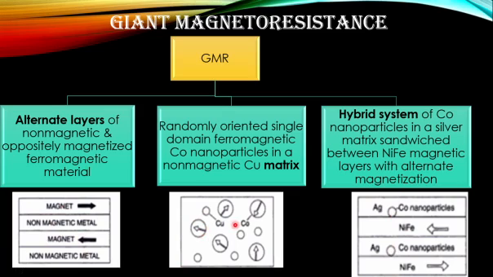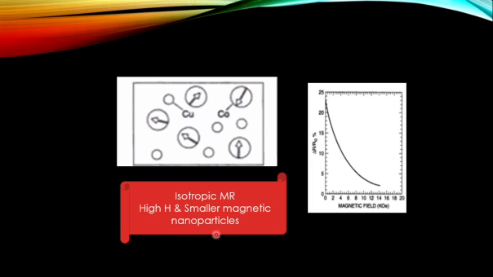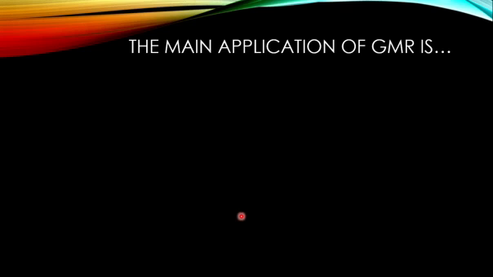Only thing is that in the non-magnetic region, you have an embedding of nanoparticles. Okay, so if you consider a substrate in which the nanoparticles are embedded, then they have different random directions, and what you get is an isotropic magnetoresistance at very high field and smaller magnetic nanoparticle.